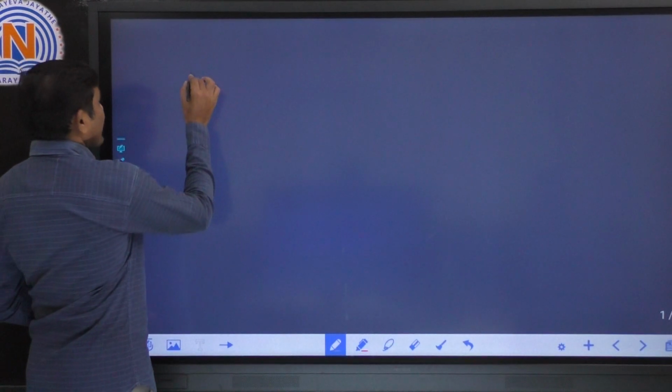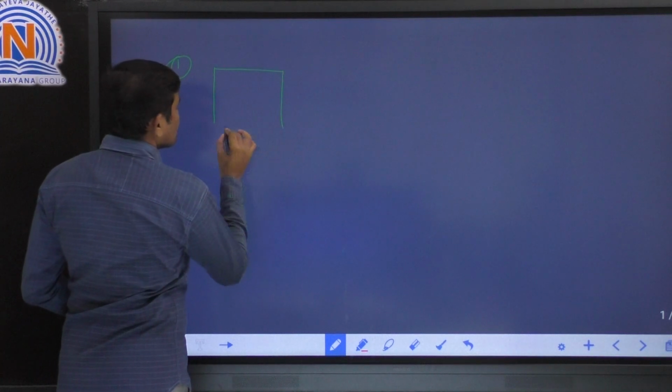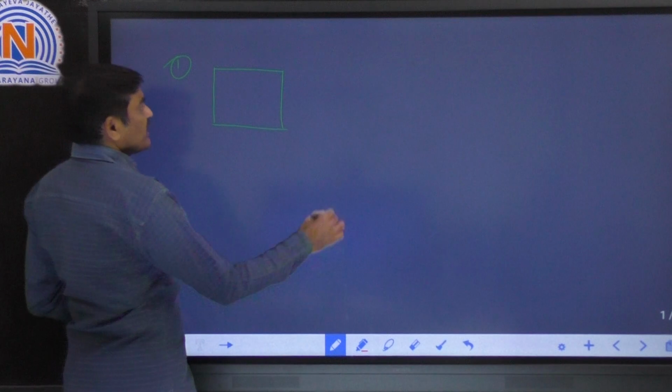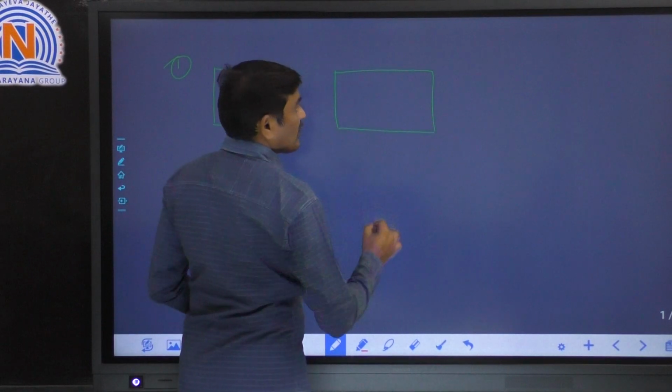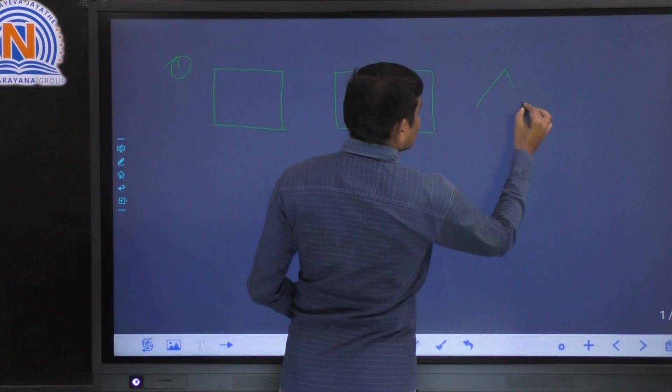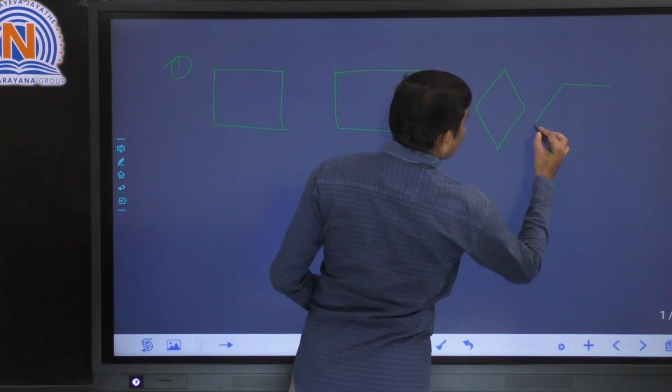See, one is a square. Second one is rectangle. Third one is rhombus. And the fourth one is trapezium.